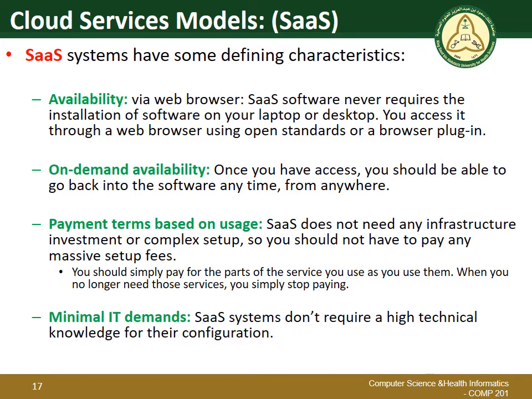You could just access your Google account on any machine in the world, and you can access your drive, right? You could access your email and so on. So it's very available when you are using cloud services. You don't need to install anything, right? Of course, it is on-demand availability. Once you have access, you should be able to go back into the software anytime from anywhere.